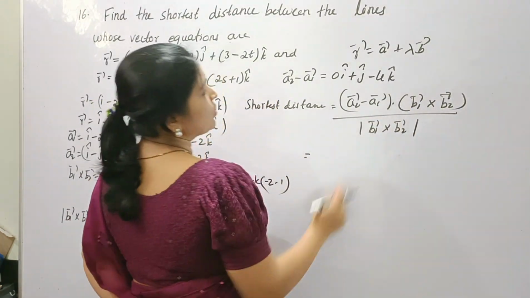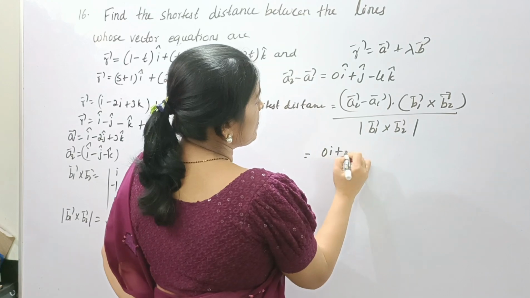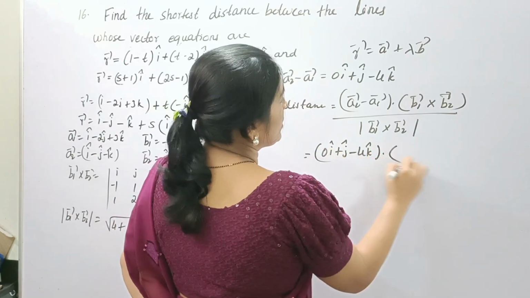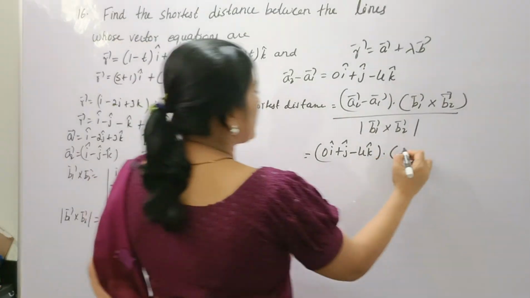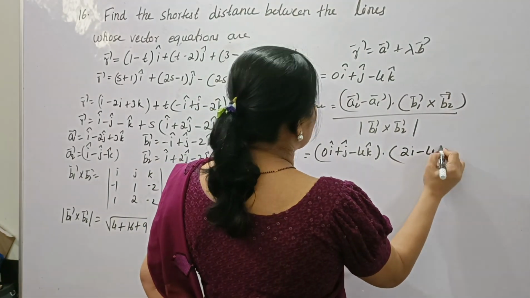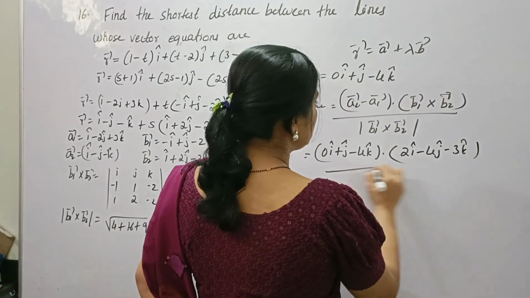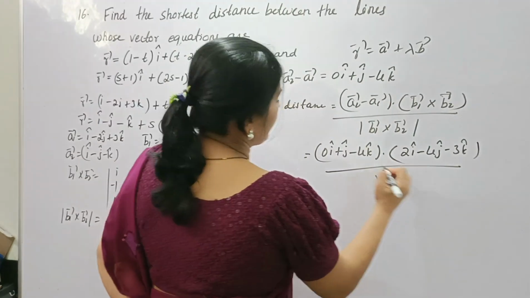Okay, that is equal to vector a2 minus vector a1, 0i plus j minus 4k dot vector b1 cross vector b2, 2i minus 4j minus 3k, divided by root 29.